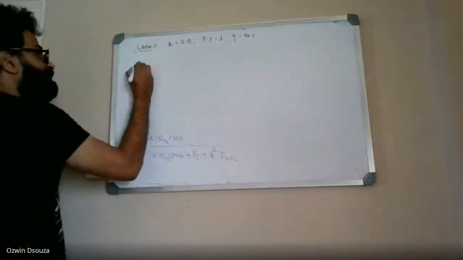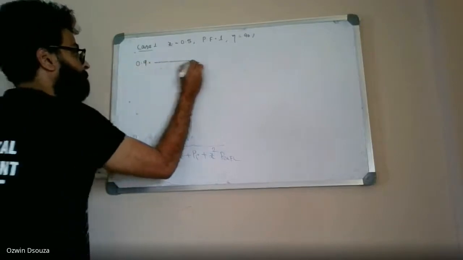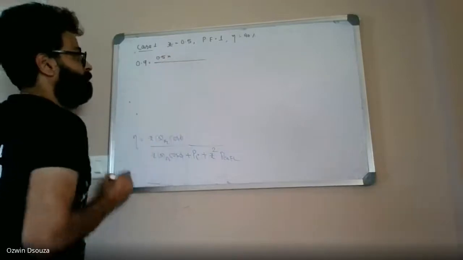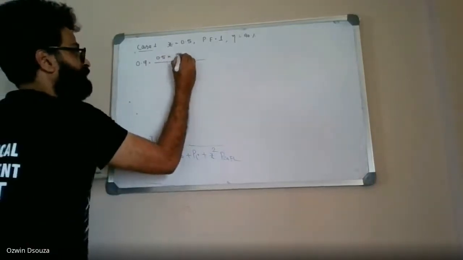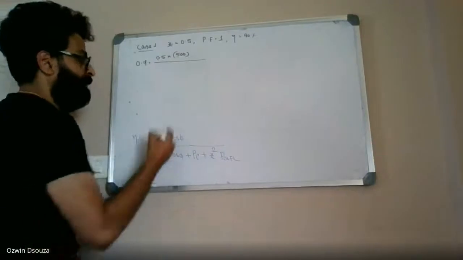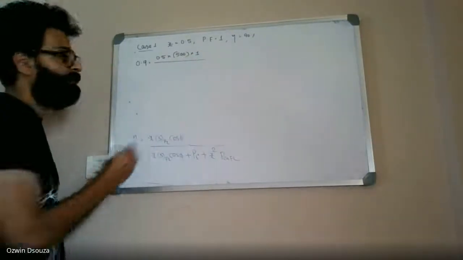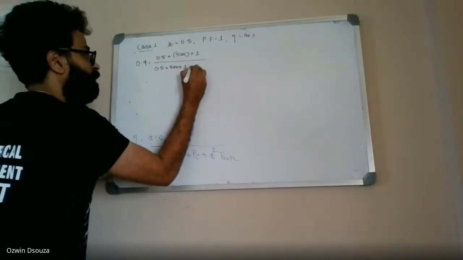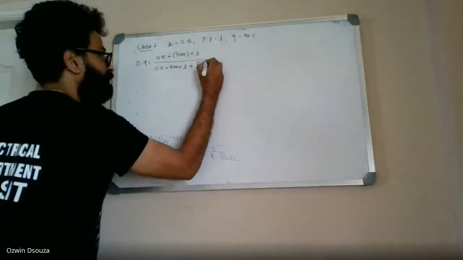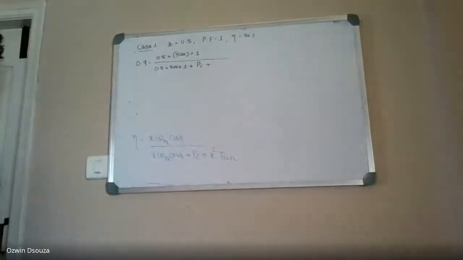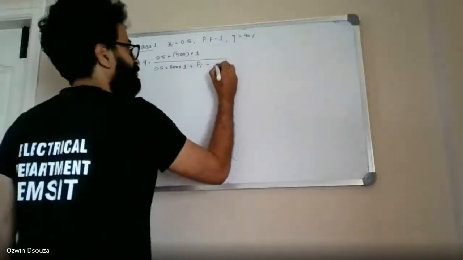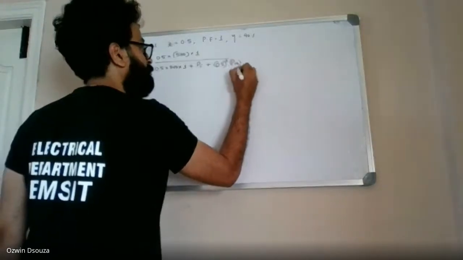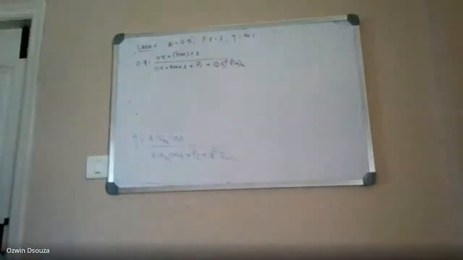So 90% is 0.9, equal to X is 0.5 into S_FL, which is 500, into cos phi is 1, divided by 0.5 into 500 into 1 plus iron loss plus X square times the copper loss. So it is 0.5 square times full load copper loss.